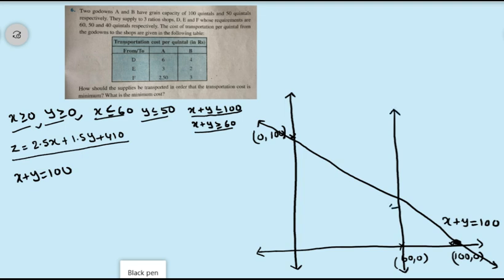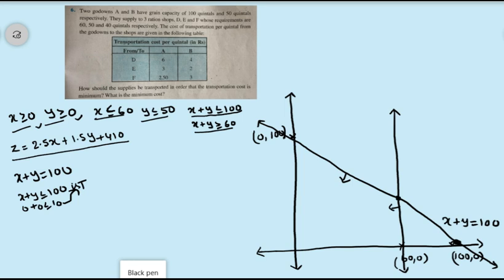X values are less than or equal to 60 means that side. But here we have to draw x plus y less than or equal to 100 also. That is also true, towards the origin. Here also we have to shade towards the origin, because 0 comma 0 substitute here, satisfying, right? So towards the origin.